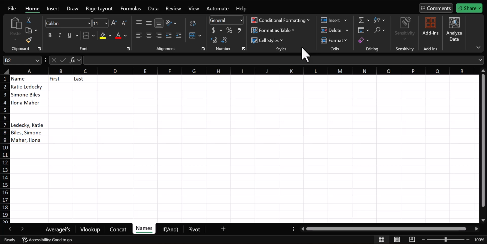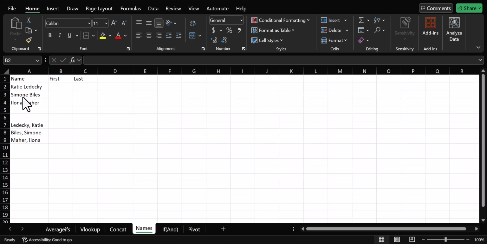In kind of the opposite of a concatenate, sometimes you have values in a cell that you would really rather have separated. This is really common with names like this.